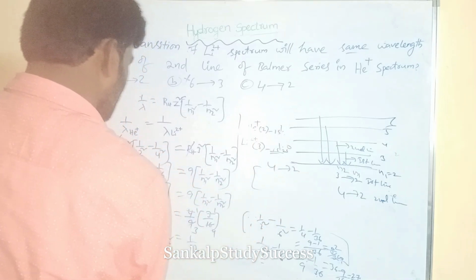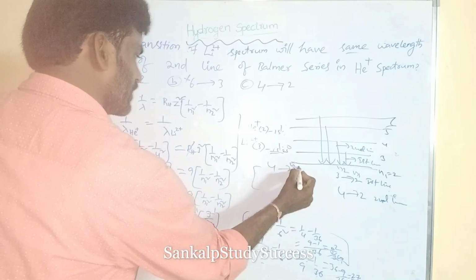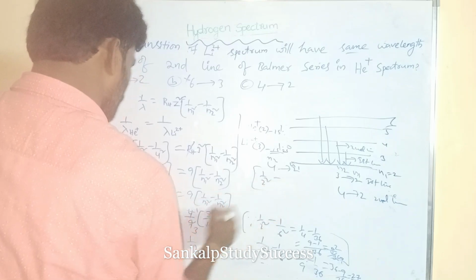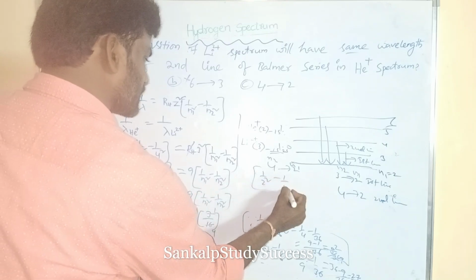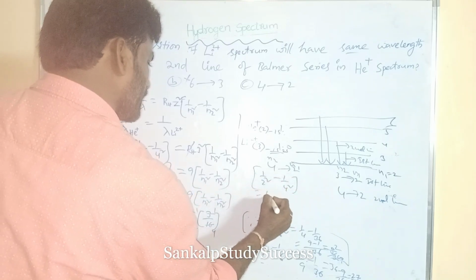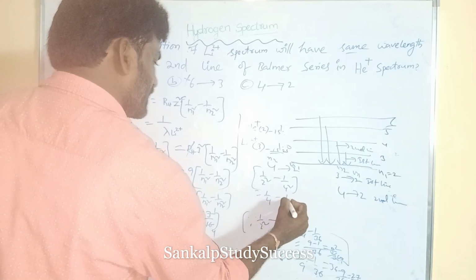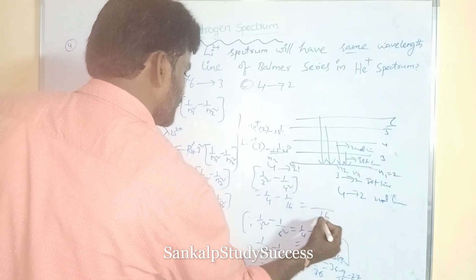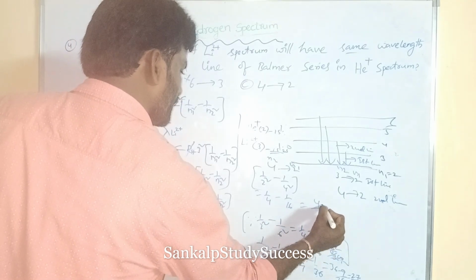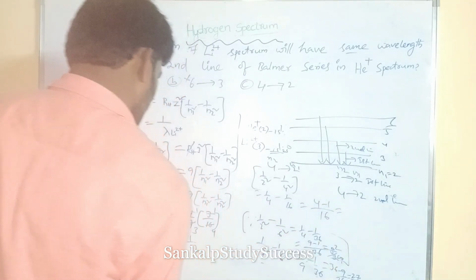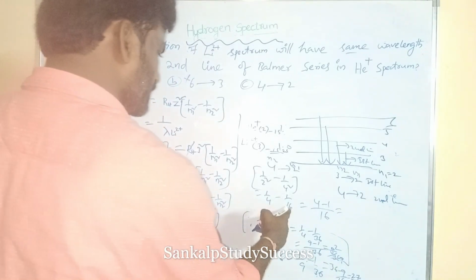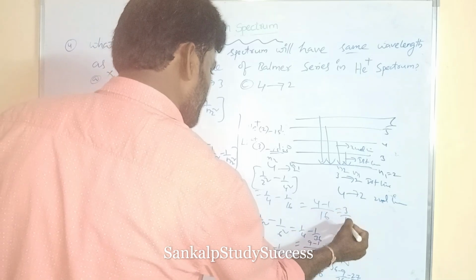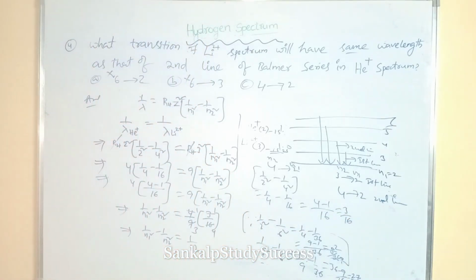So this is the n1, this is the n2. 1 by n1 square, 1 by 2 square minus 1 by n2 square means 1 by 4 square. Right. So 1 by 4 minus 1 by 16. What is its LCM? 16. 4 4s minus 1, 16, 4 minus 1, 3 by 16.